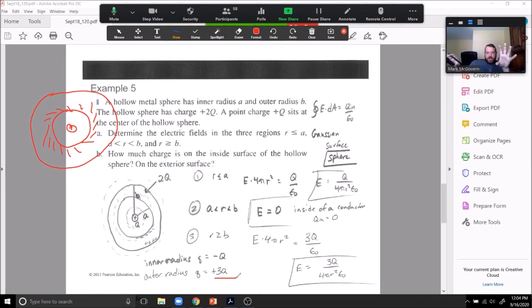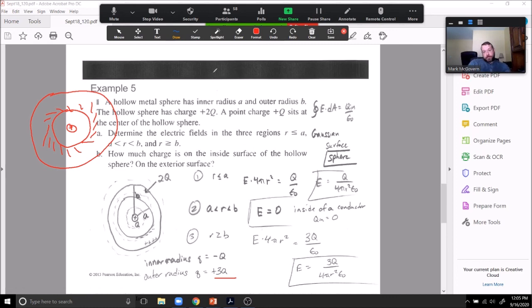So if a negative builds up on the inside, then you have to push another positive Q out to the edge. So on the very inner portion you have a positive Q, inner surface a negative Q, outer surface a 3Q, and overall everything is 3Q. That's it. Everything's 3Q.